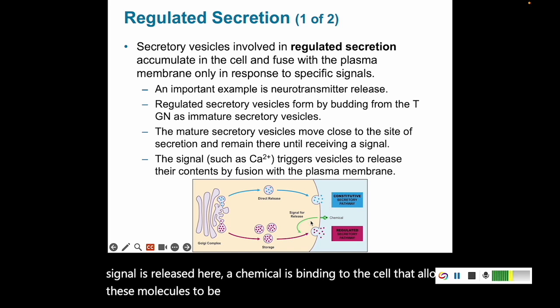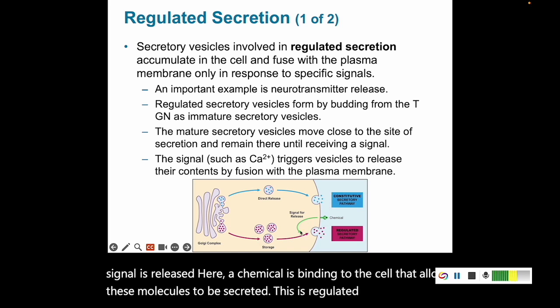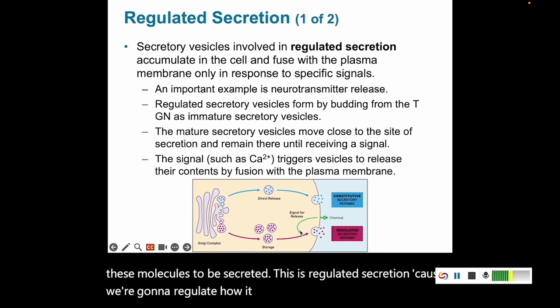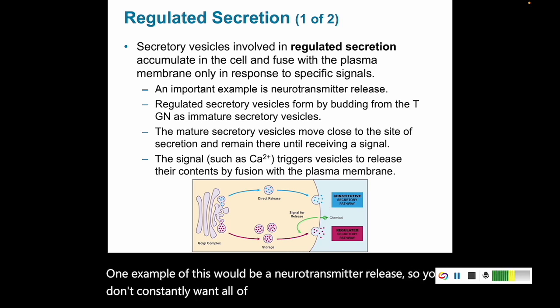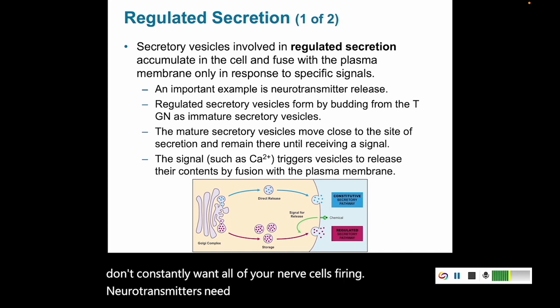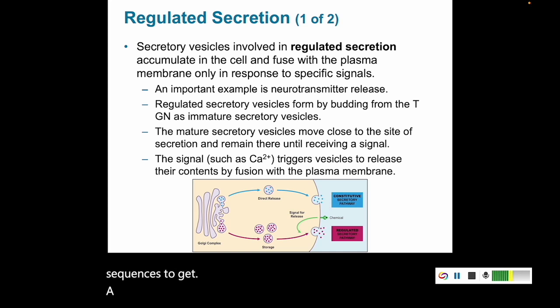This is regulated secretion because we're going to regulate how it happens. It only happens when we send that signal. One example of this would be a neurotransmitter release. So you don't constantly want all of your nerve cells firing. Neurotransmitters need to be released under controlled sequences to get a trustworthy signal through your brain.